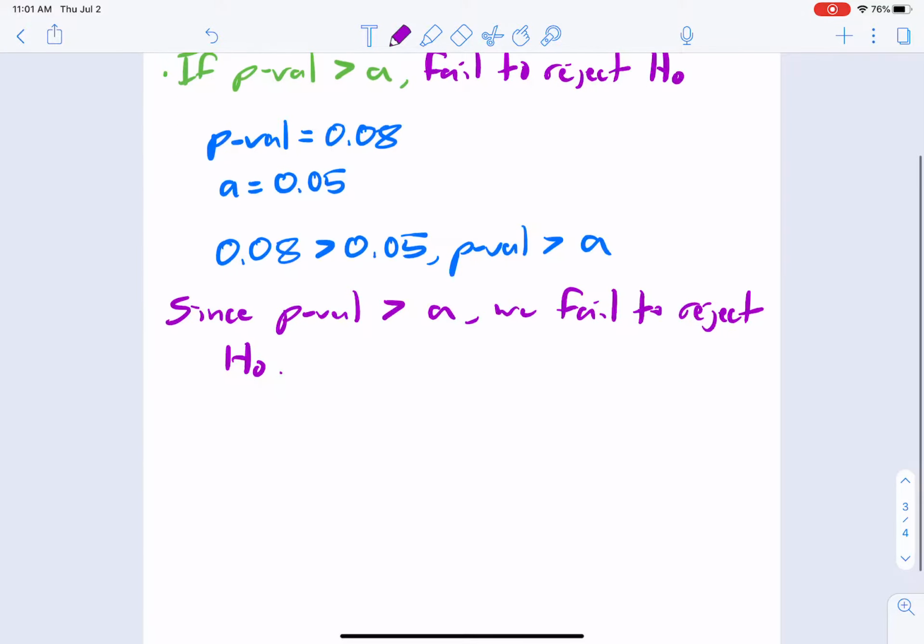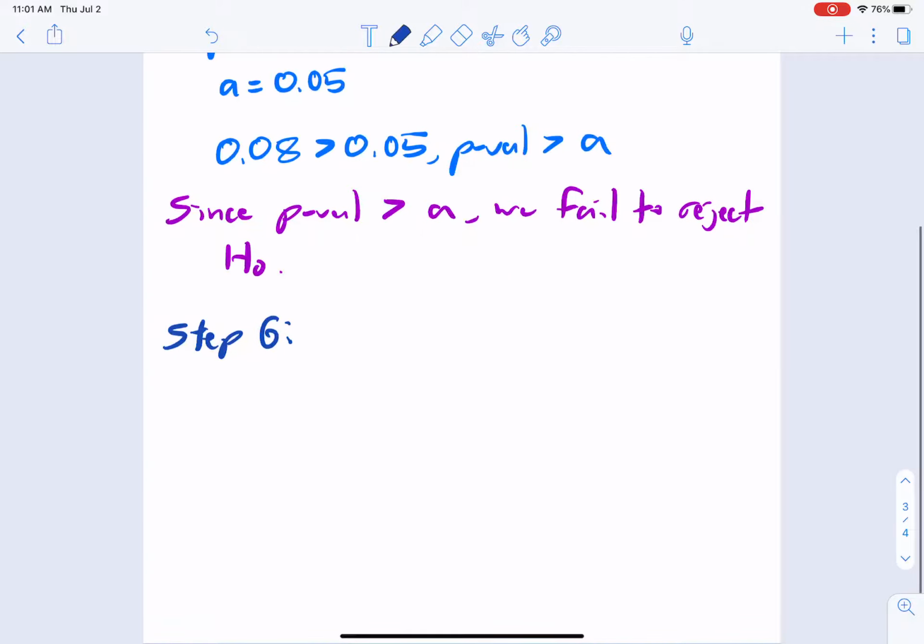Okay, so then the last step, step 6, we got to write this thing out. You can go to the template, and that's fine, copy and paste. I'm going to write out the last optional bit, the English translation of it all.